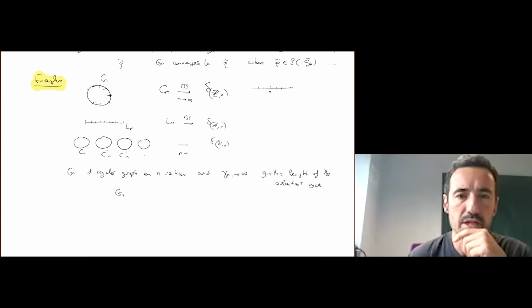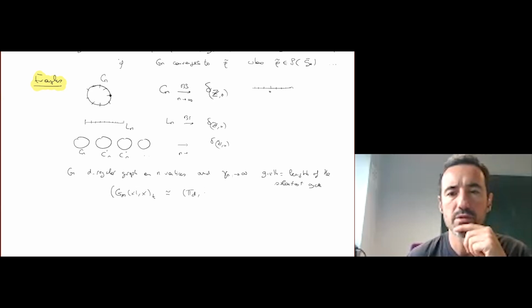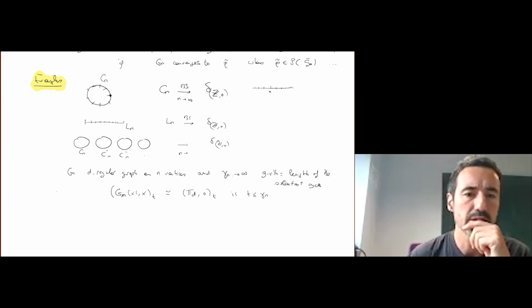So the t-neighborhood of Gn at any vertex x will be isomorphic to the t-neighborhood of the infinite d-regular tree Td if t is less than gamma.